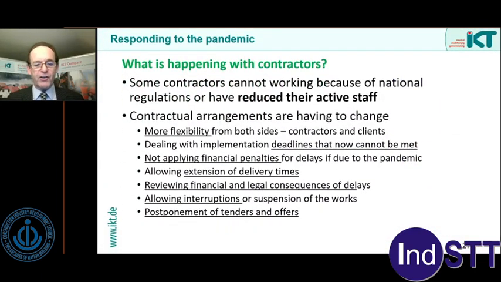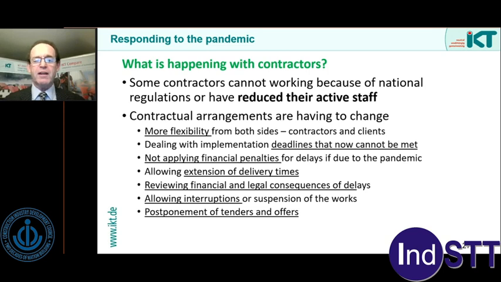Now, looking particularly at contractors and what has happened there is that in some cases contractors haven't been able to work or they've had to reduce their active staff. But there's been a sort of knock-on impact in terms of contractual arrangements, a sort of more flexibility on both sides, contractors and clients.